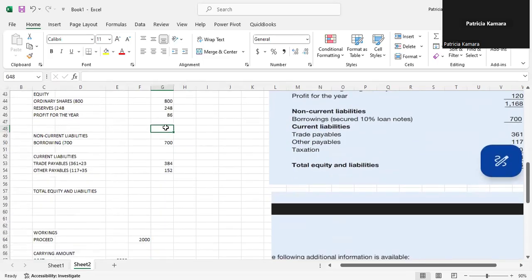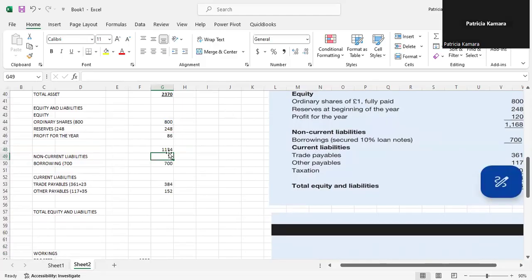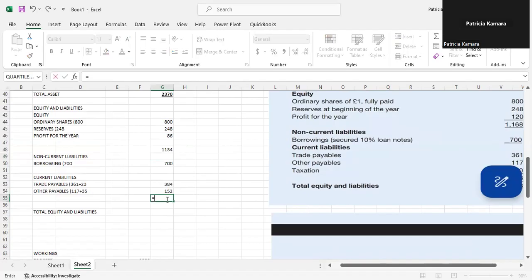The total equity figure now becomes 800 plus 248 plus 86, giving us 1,134. And then our total liability figure will be our non-current liabilities plus our current liabilities.